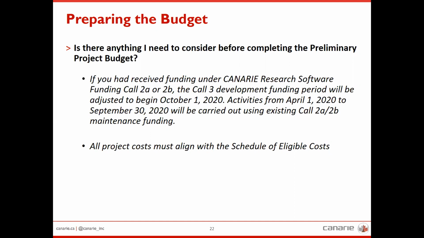Any activities between the period of April 1st to September 30th, 2020, will be carried out using your funding from call 2A and 2B. If you are not funded under 2A or 2B, your funding period will begin for call 3 on April 1st. And one more thing, all the project costs must align with the schedule of eligible costs.